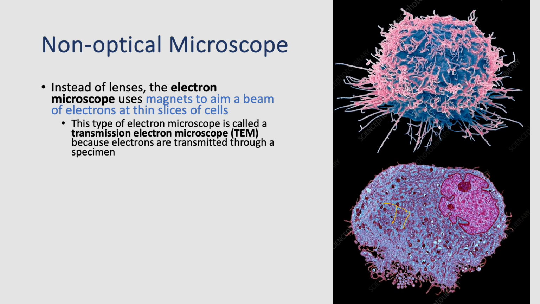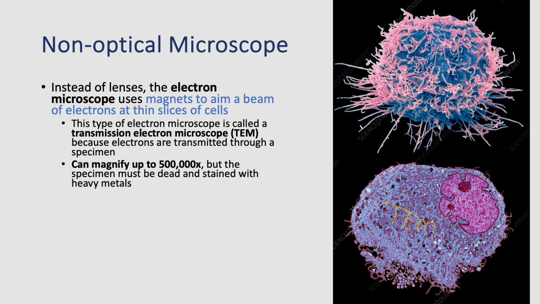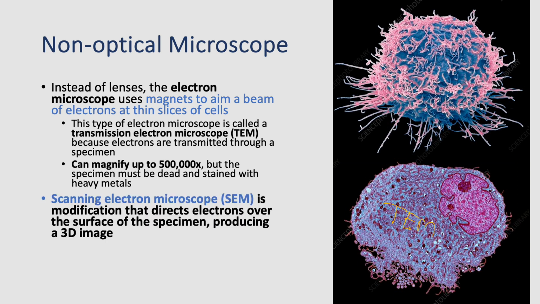And this would be an image that you would see from a TEM. Because the electrons are transmitted through a specimen, they have to be dead. They can magnify up to 500,000 times, but the specimen must be dead and stained with heavy metal in order to see it. So it kind of limits the use of this structure.